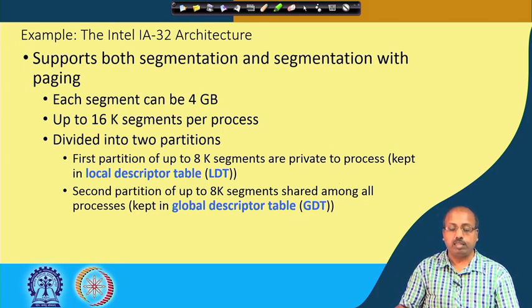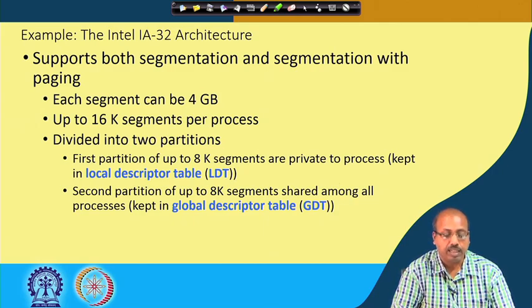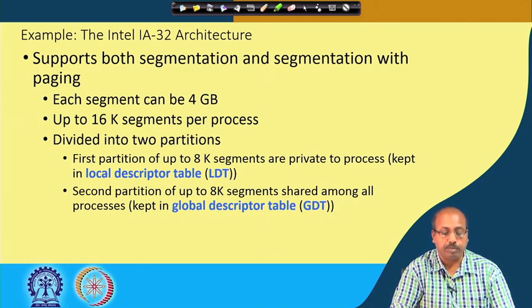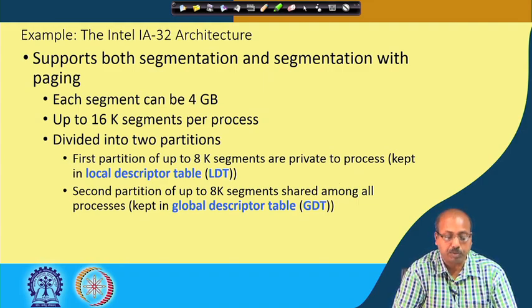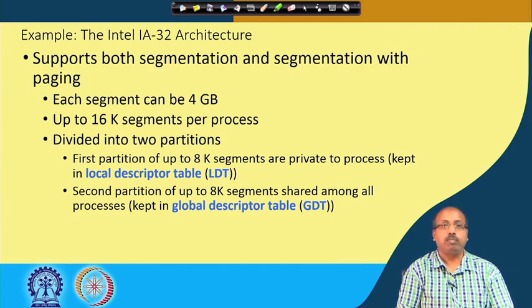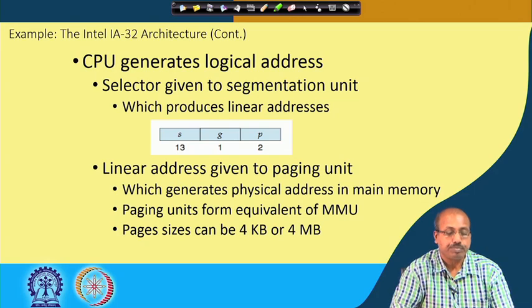The first partition is of up to 8 K segments that are private to the process and kept in the local descriptor table or LDT, and the second partition is up to 8 K segments shared among all processes, called the global descriptor table or GDT.